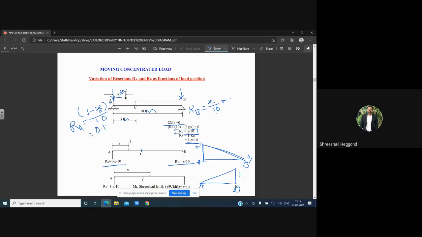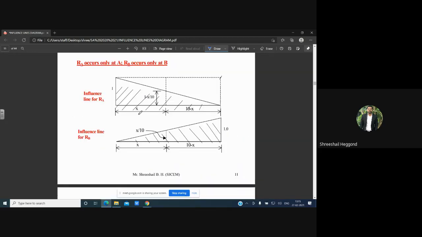Here also it will be 1 kilonewton if it is a 1 kilonewton load. If it is only unity, then you write it as 1 only. We are not writing the unit for the numbers we are going to consider. That will give you the reaction diagram, which will be drawn here in this slide.